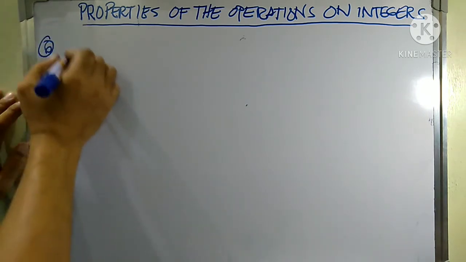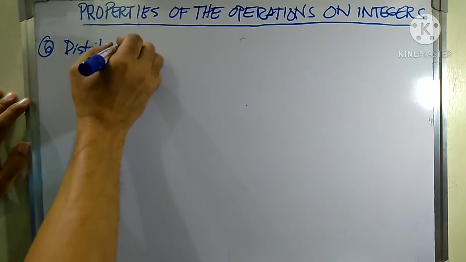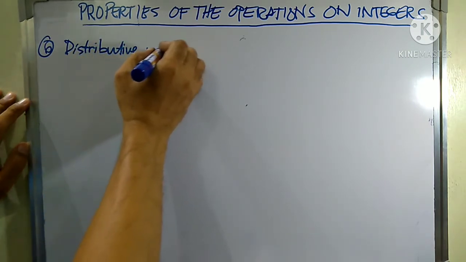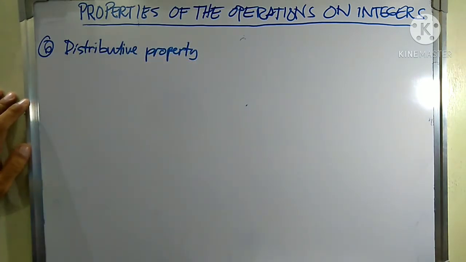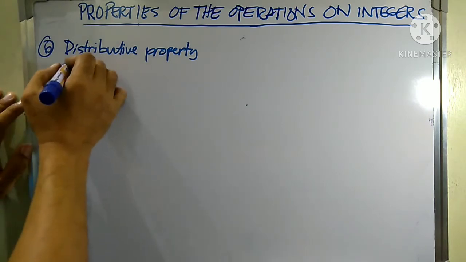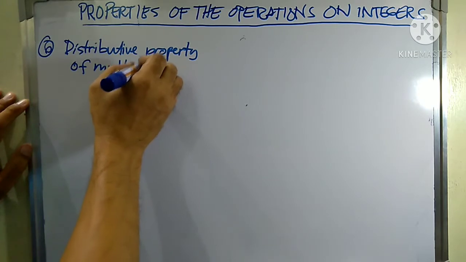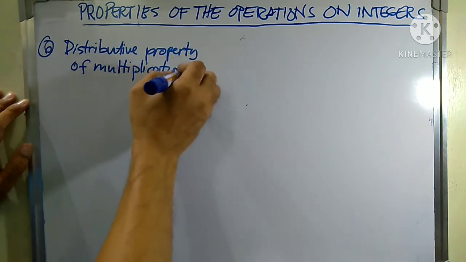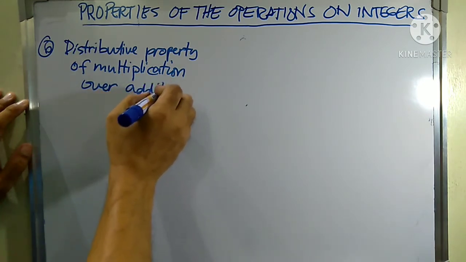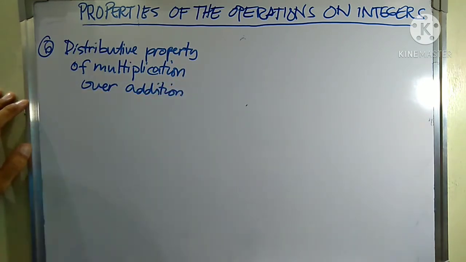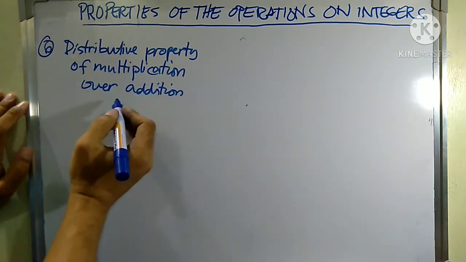Number 6. We have distributive property of multiplication over addition.